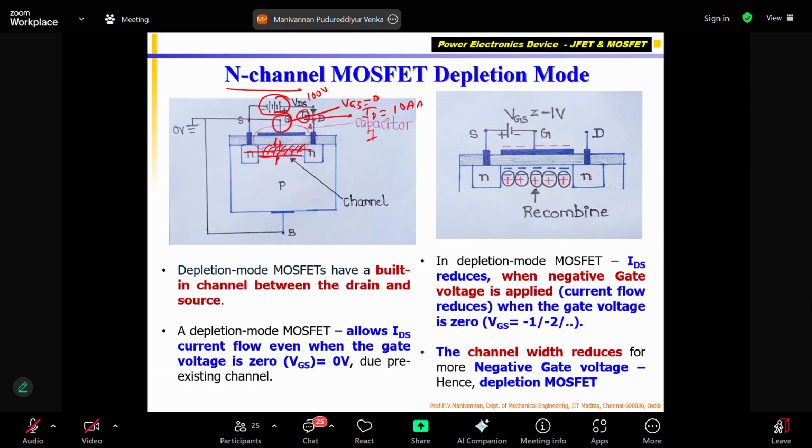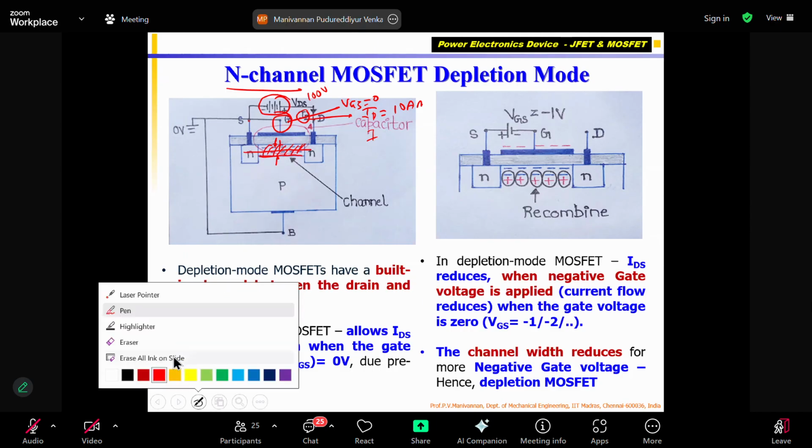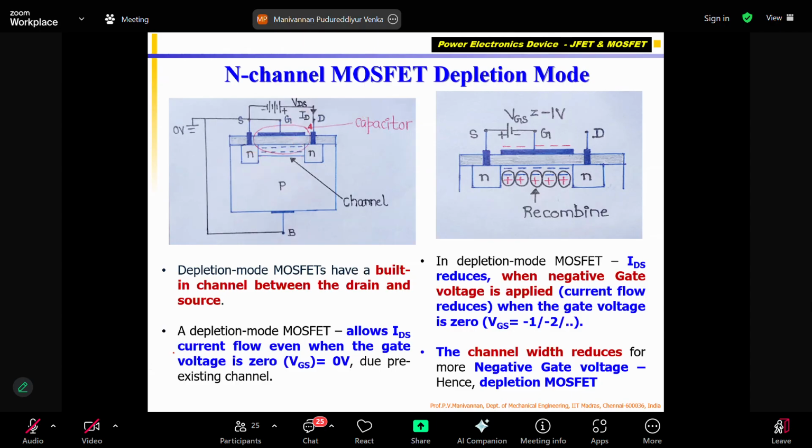Now how will I control it? The main beauty of depletion mode operation is that for 0 VGS, the gate control voltage, there will be a current flowing through your load. On some occasions you want that. For example, this is my load, RL, and I want 10 amps of current to always flow.